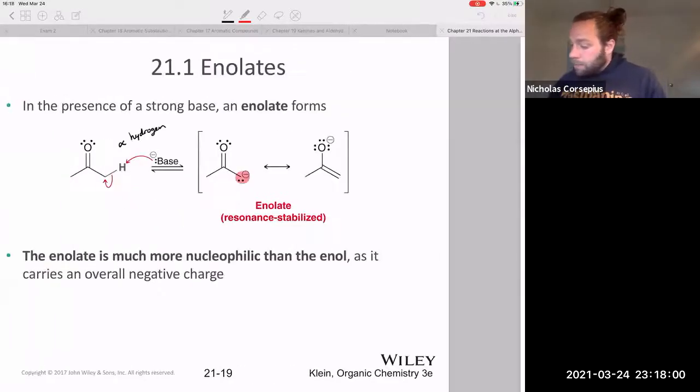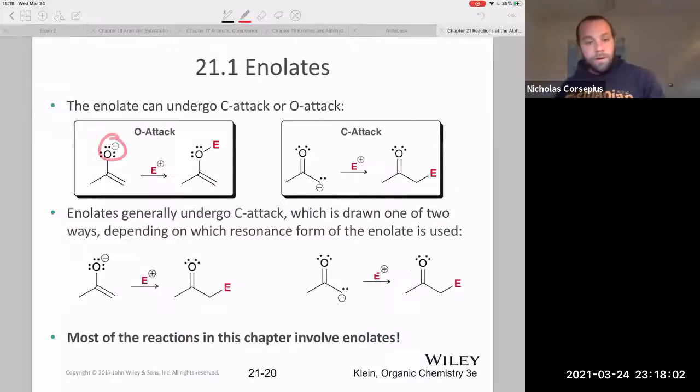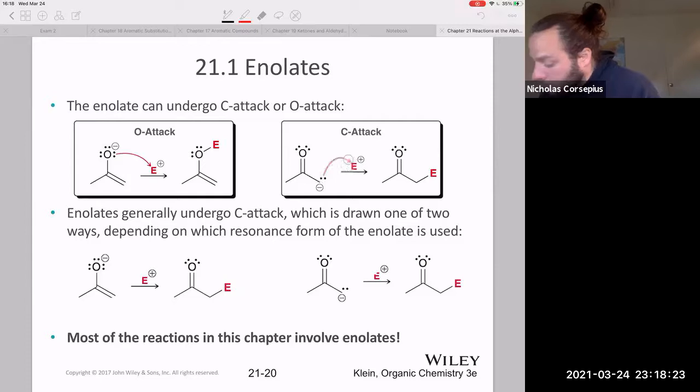Now, a lot of people will say, well, you have this oxygen that also has a lot of electron density. It just depends on which resonance structure I draw. So there are two different things that we could see in terms of our enolate ion acting as a nucleophile: either the oxygen acting as a nucleophile or that alpha carbon acting as a nucleophile.